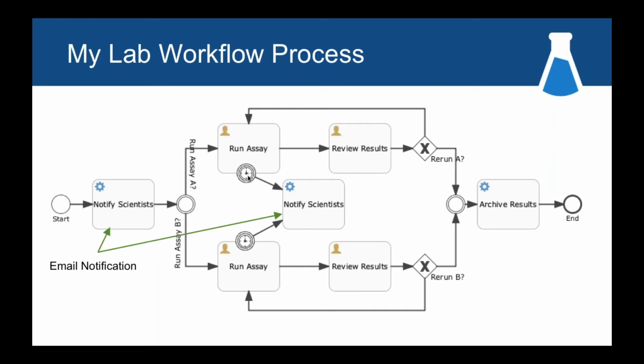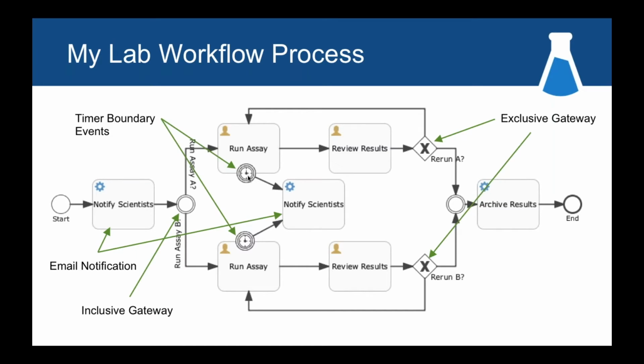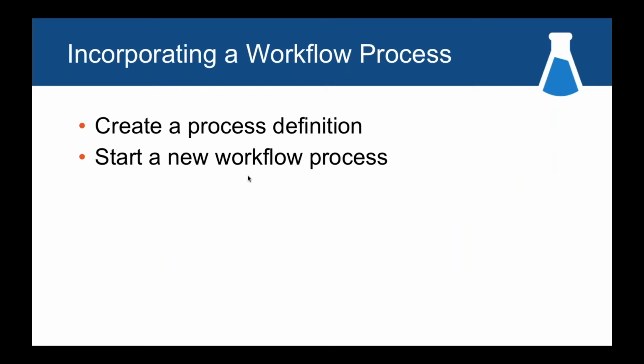So if the assay has taken too long to run, then somebody should be notified so that they can go find out why, or maybe reassign the task to someone else. There are also the exclusive gateways that we've seen before, the inclusive gateway, where we will start one or more, and as mentioned, the timer boundary events.